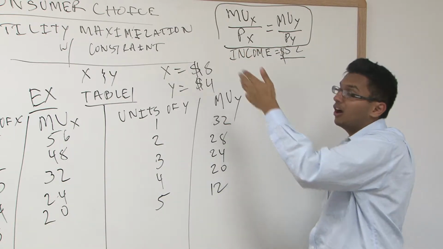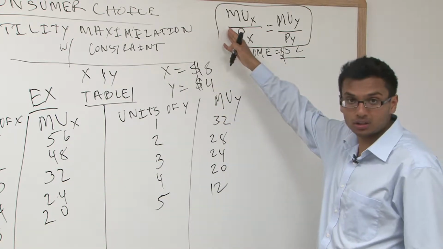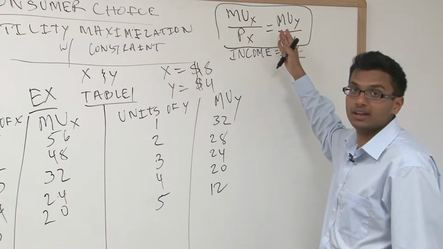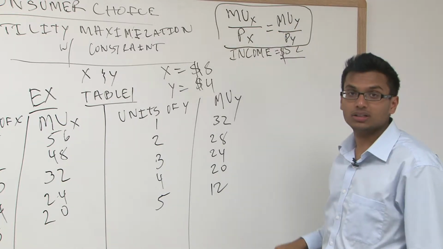The utility of one product per dollar should be equivalent to the utility of the other product per dollar.